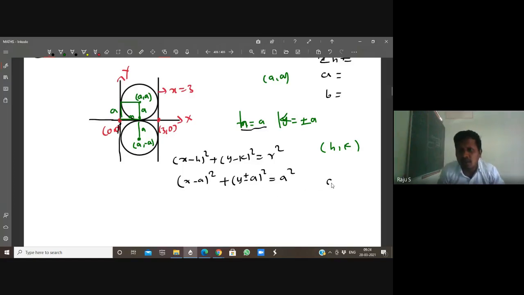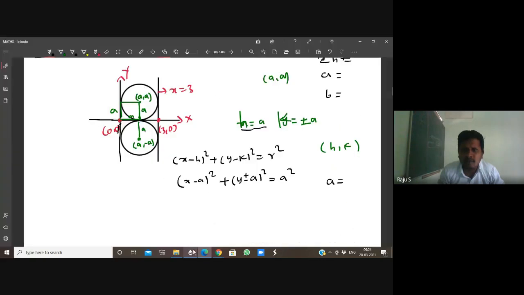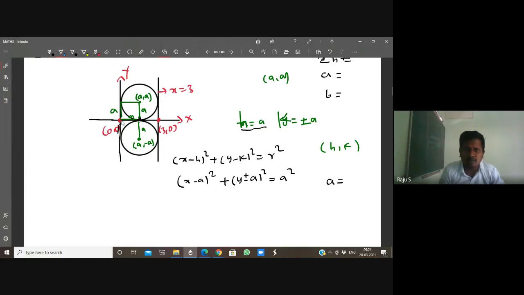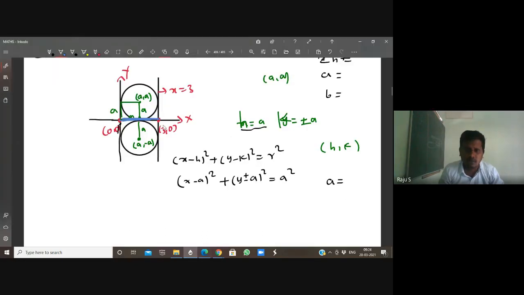And what is the value of a in terms of k? Anyone? What is the distance of this point (k, 0), x is equal to k? Sorry, here it is k. Here it is k. The length is k. Then what about this point here?